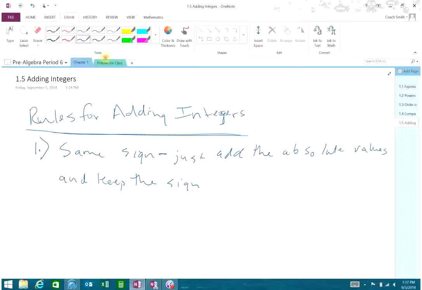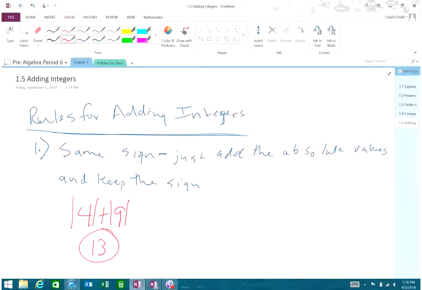So if I had 4 plus 9, they're both positive, so I just add their absolute values. 4 plus 9 is 13, and it's positive because that's what they started as.